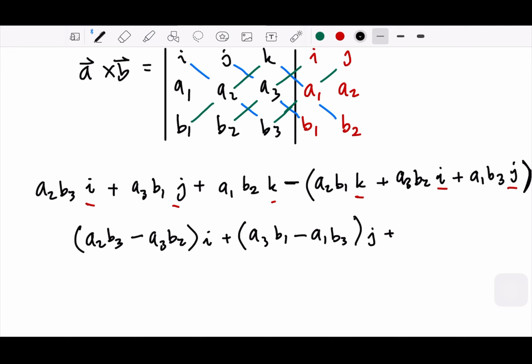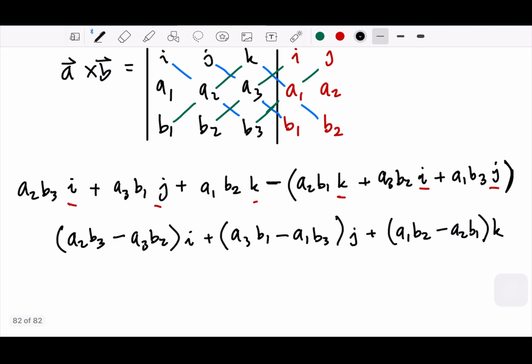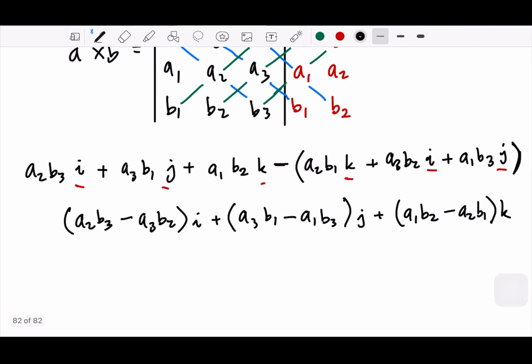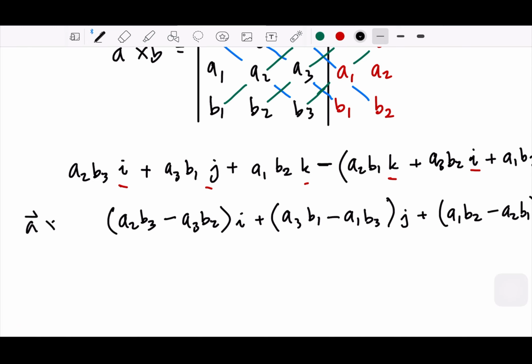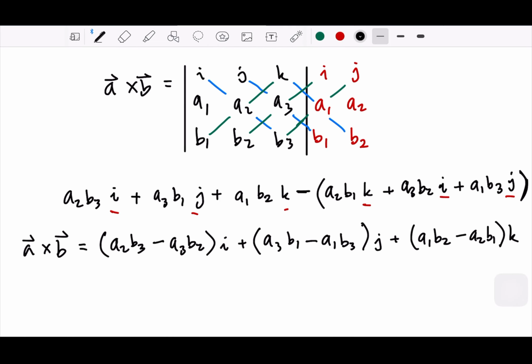And then plus the k terms. Okay. Is it the same as what we mentioned for A cross B? The same, right? The same. Okay, so the method is confirmed to be correct.